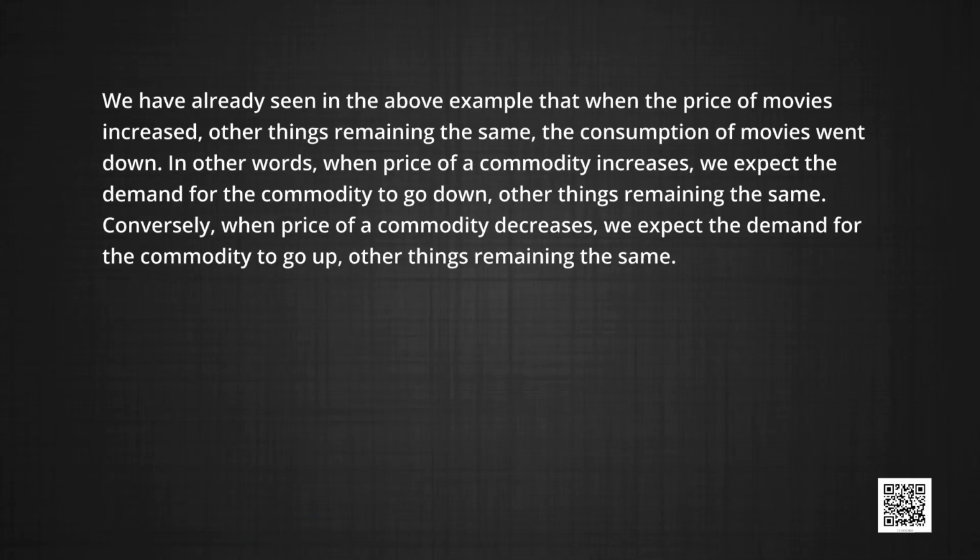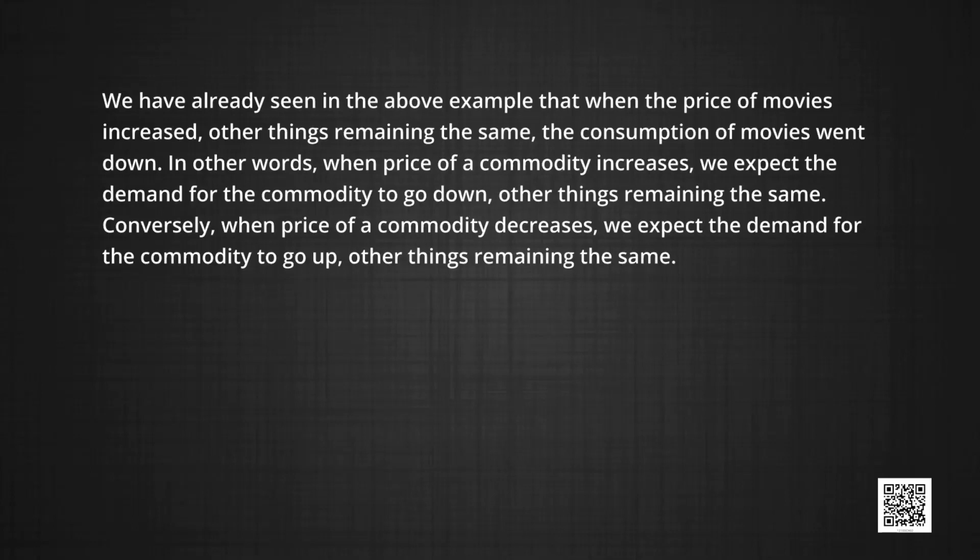In order to achieve clarity on the matter, economists use a strategy to change only one variable at a time, keeping all other variables unchanged. We have already seen in the above example that when the price of movies increases, other things remaining the same, the consumption of movies went down.